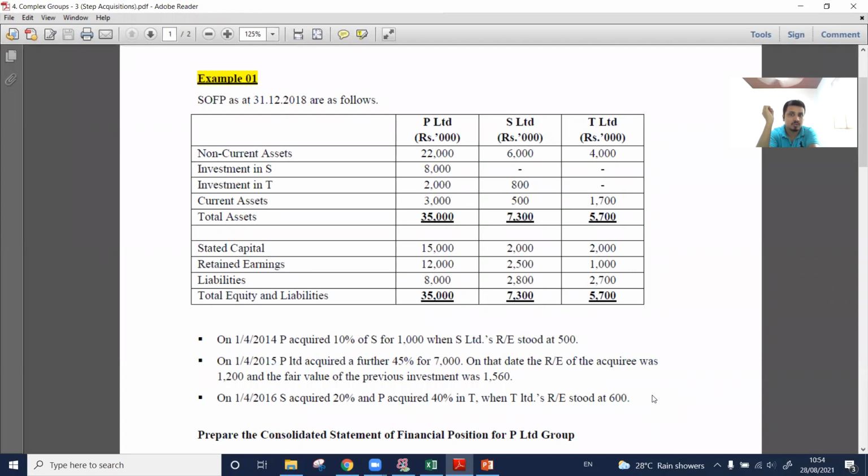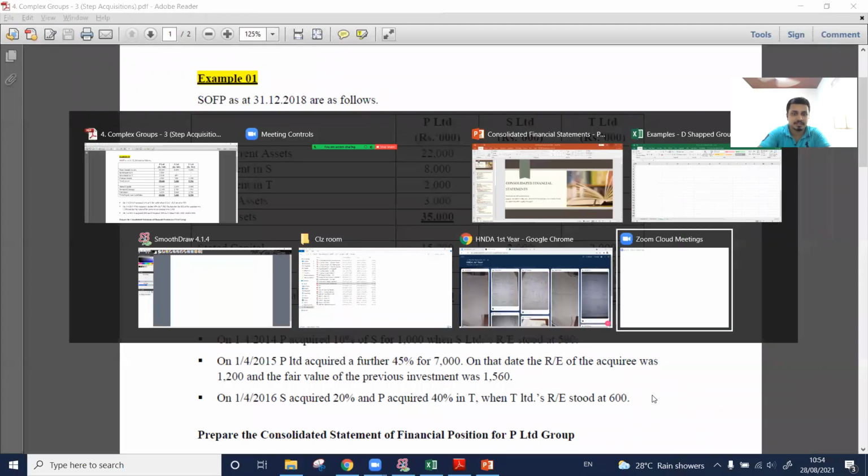Where we need to start from? First, we need to map these given information. We need to see the big picture. What has happened? So we'll map it first.